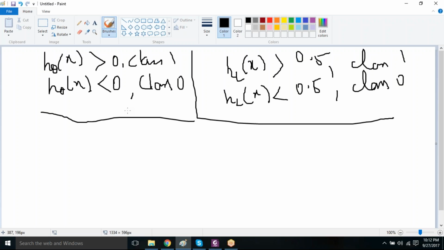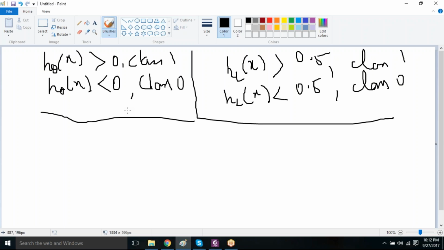People named it regression only because linear regression was involved, and people thought it is just an extension of linear regression, where we are trying to map the linear regression values between 0 and 1, so that we can do the classification: if it is more than 0.5, I will say class 1, or if it is less than 0.5, we will say class 0.